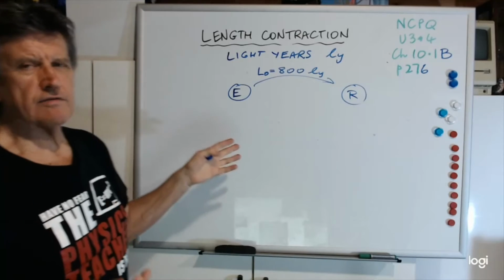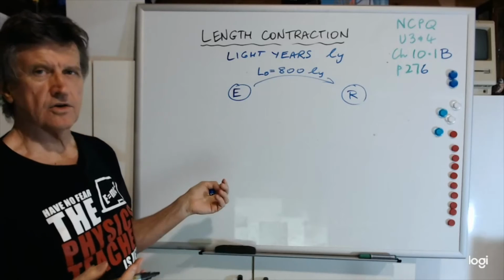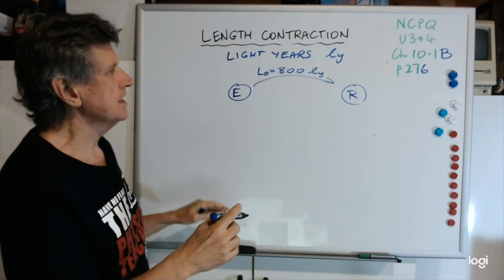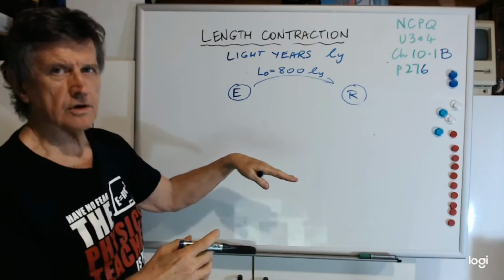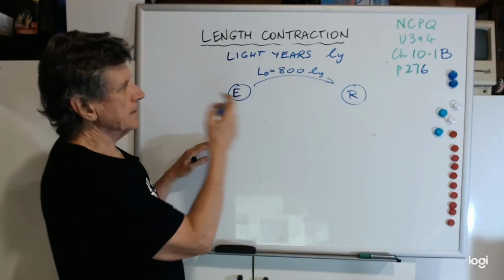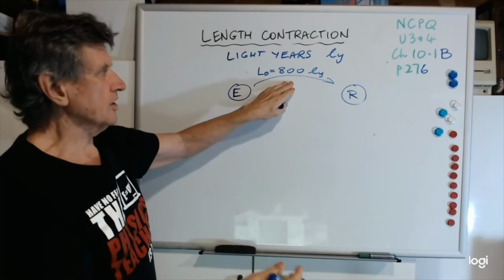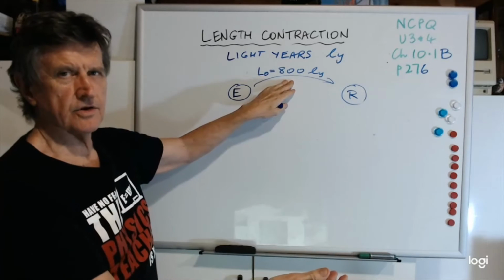Now, if you travelled at half the speed, the question is, how long would it take? Now, if you did no other calculations, I just want to show you how to use this. If you travelled at half the speed, it would take you twice as long, because if you're going at the speed of light, it takes 800 years. If you're going at half the speed of light, it takes 1600 years.